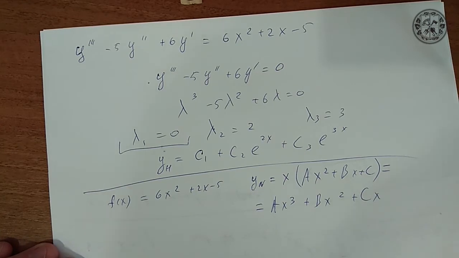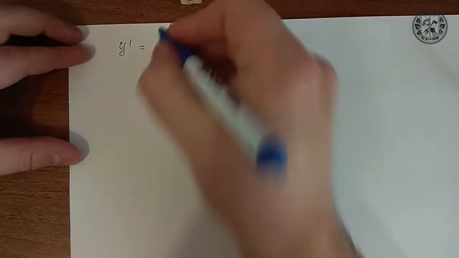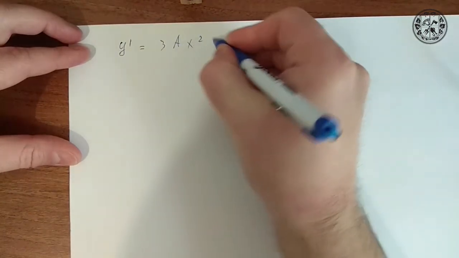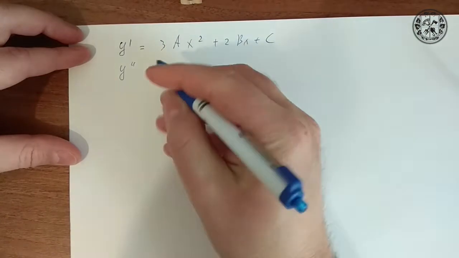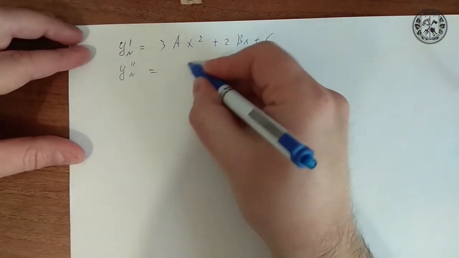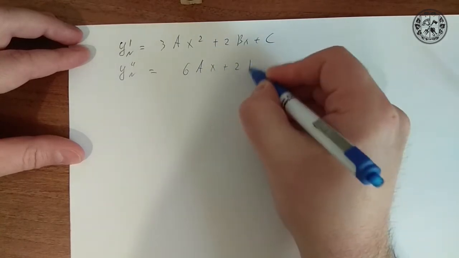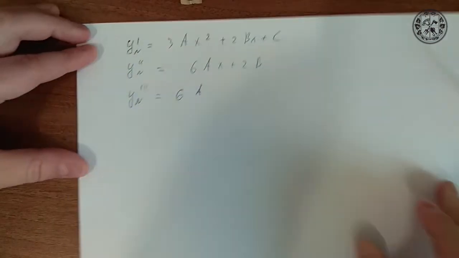Something trivial. But to do this, we have to first find y prime, which will be 3ax squared plus 2bx plus c. Y double prime will be 6ax plus 2b, and y triple prime will be 6a.